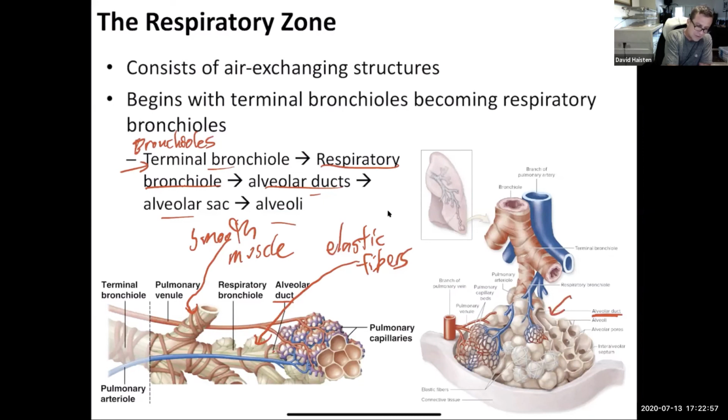Basically, the alveoli are opening up off of the ducts. So it's that hotel hallway you're walking down with the rooms off to the sides, but there's no doors on any of the rooms. All the rooms have no door. The rooms coming off the hallway, all those rooms are the alveoli.